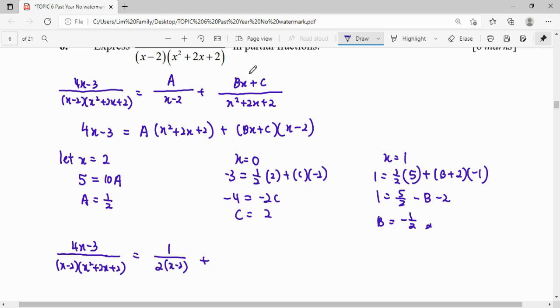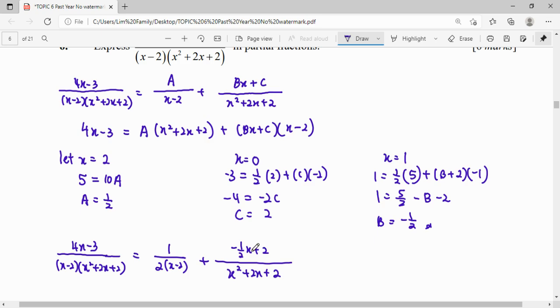But for B and C, we have different values because C is a whole number and B is a fraction, so we have to substitute one by one: Bx plus C divided by the divisor x squared plus 2x plus 2. From here, it is already a fraction in a fraction, so we have to simplify.